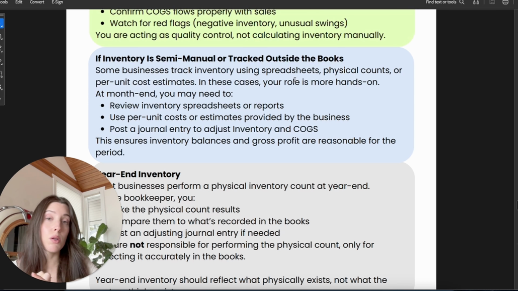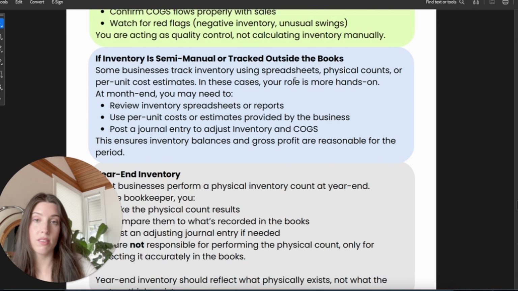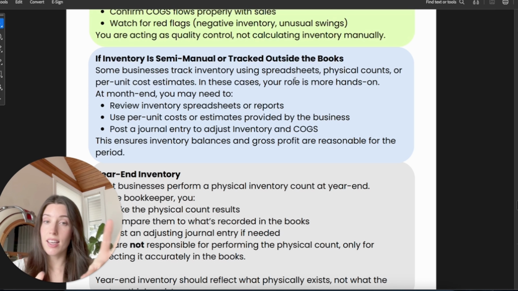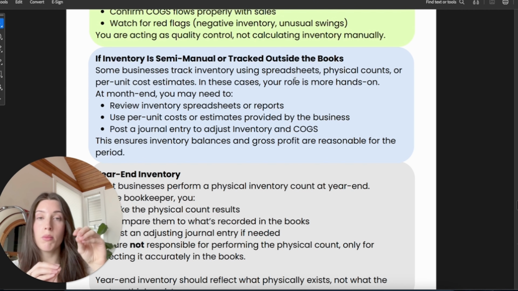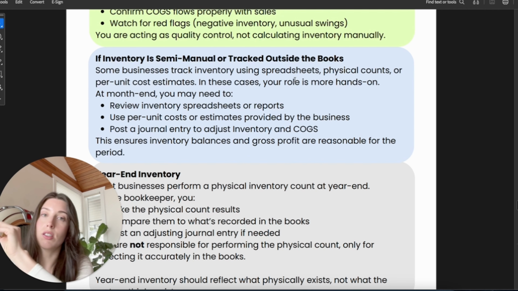You might have to use the costing in that reporting system to create a journal entry to adjust inventory and cost of goods sold. So you're not guessing, you're working with information that has been provided by the business, but you will have to enter those movements from inventory into cost of goods sold.